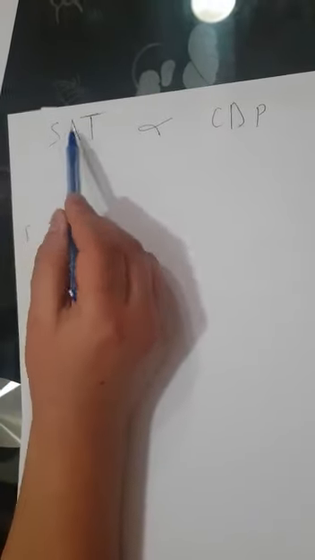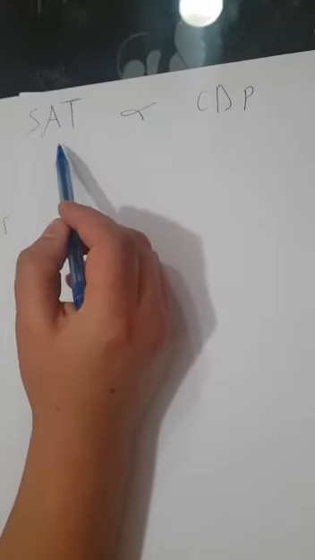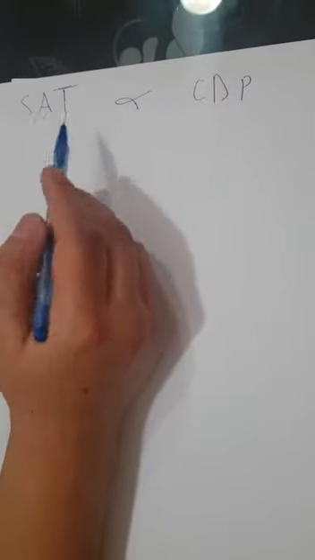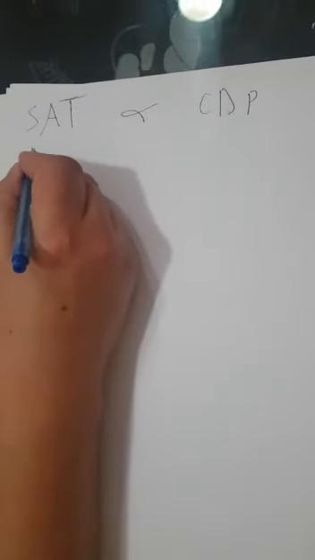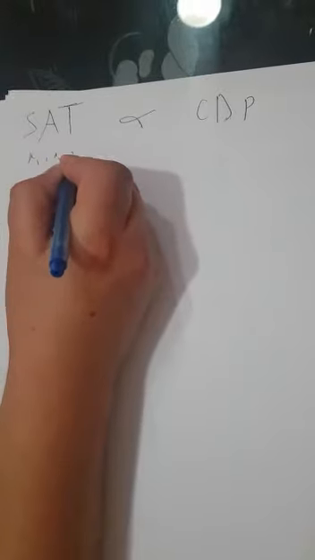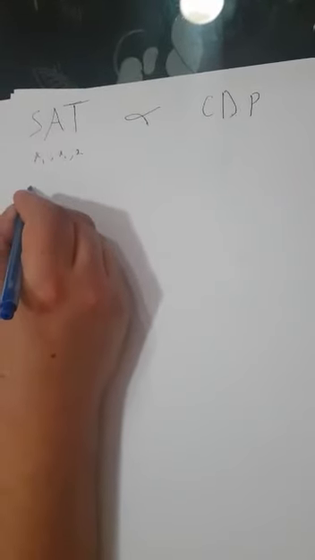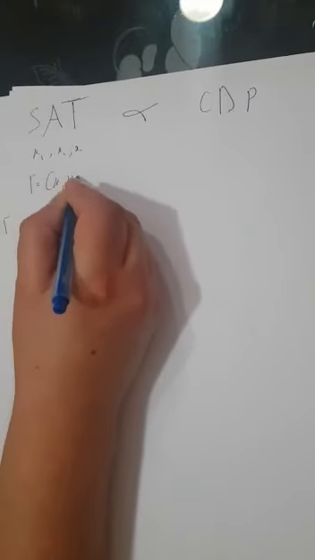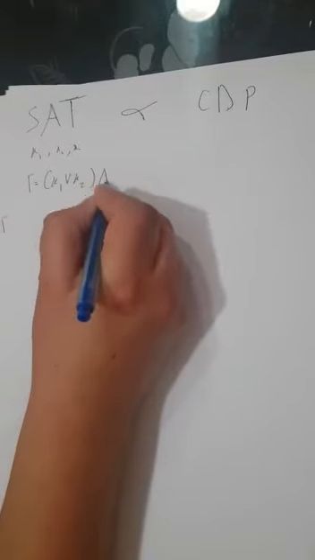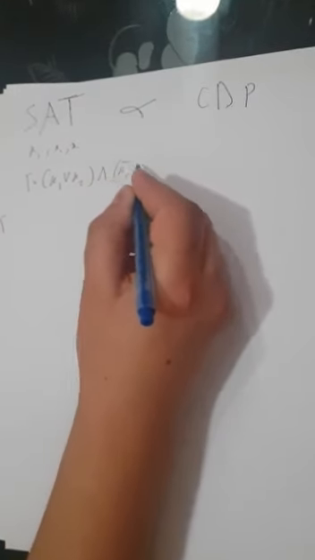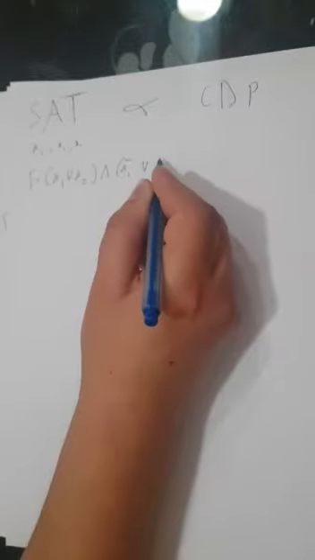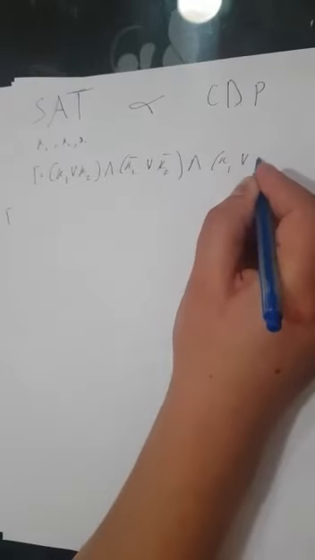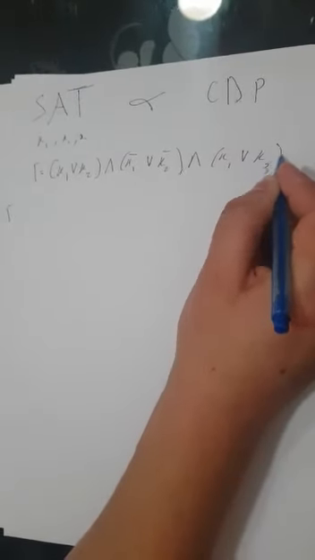Now, when we reduce SAT to CDP, we want to form a conjunctive form formula from SAT. We will choose a set of variables x1, x2, x3. So our formula will be like this: (x1 or x2) and (x1' or x2') and (x1 or x3).